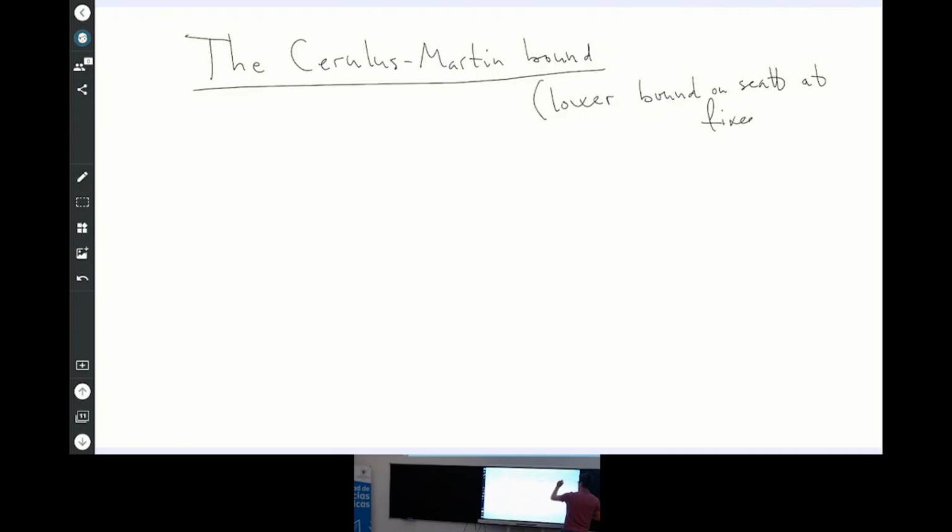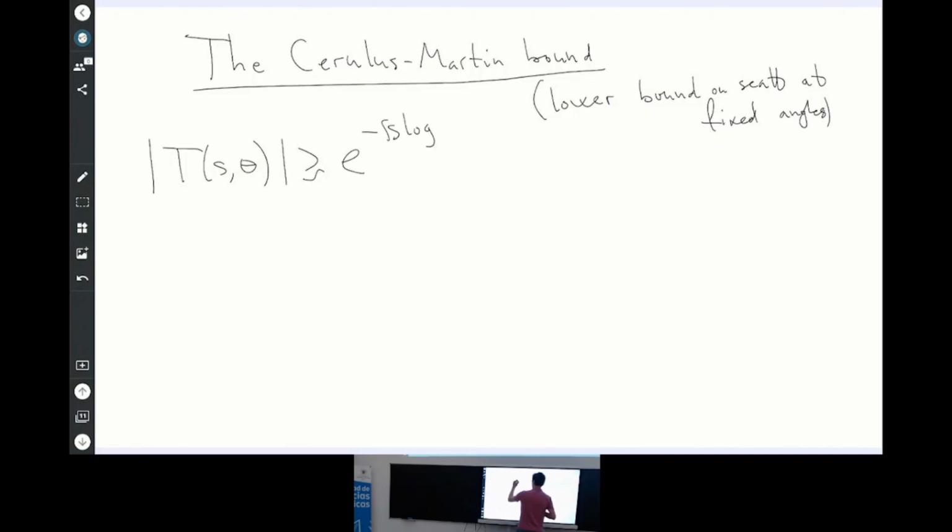Usually you might have seen it in the context of QFT. You might have seen this formula that T(s, theta) should be larger or equal at large energies than e to the minus square root s log s, times f of theta. This is what Cerulus and Martin showed under some assumptions.